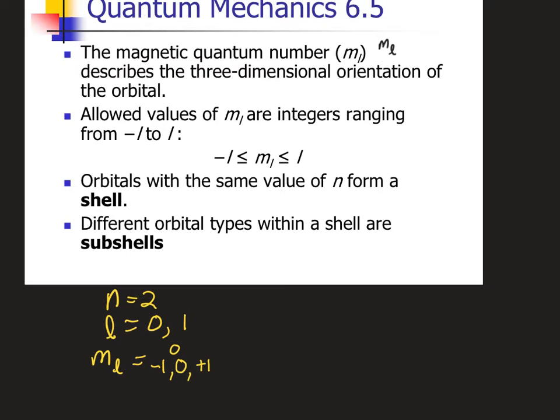That means those orbitals, or the subshells, have 3 orientations in space.